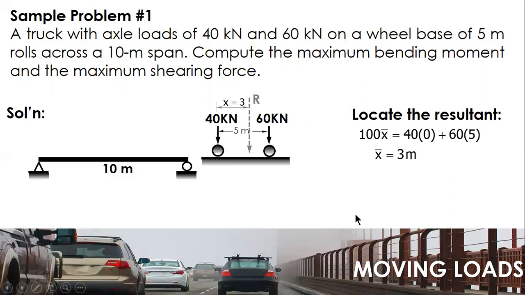Okay, so although the resultant is nearer 60, the biggest load, for demonstration purposes, let's test 40 to compare and see if indeed the maximum moment under 40 is smaller than under 60.